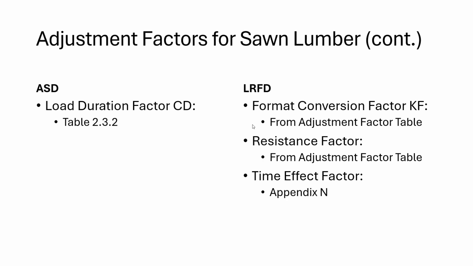Whereas with LRFD, you have the format conversion factor, resistance factor, and time effect factor. So the resistance factor, think about it just like regular LRFD: take a 0.75 reduction or 0.8, 0.9, et cetera, depending on what you're designing. Whereas with ASD, you just take it flat off the top.